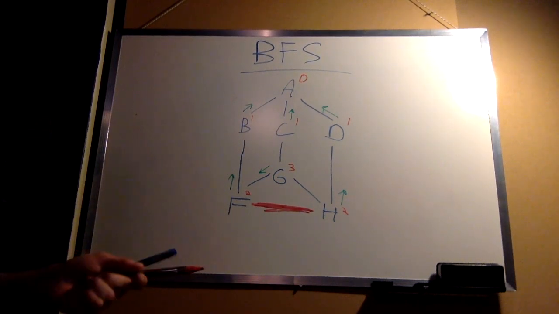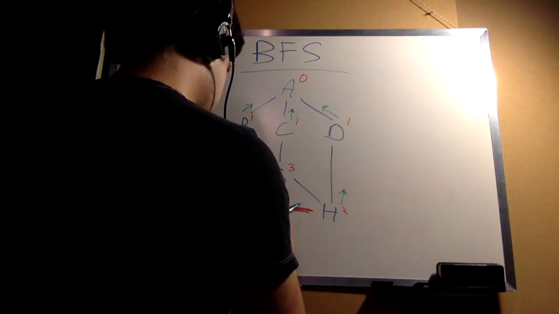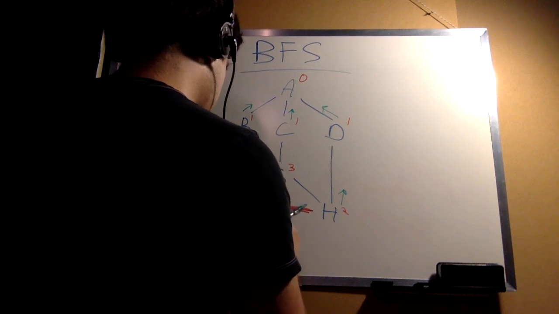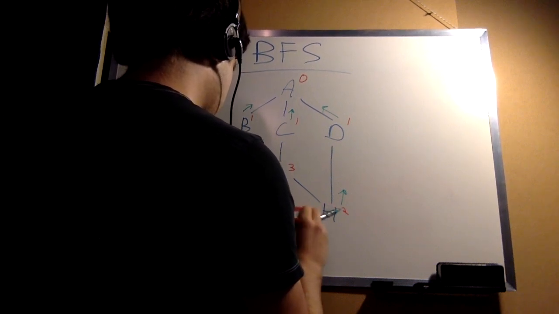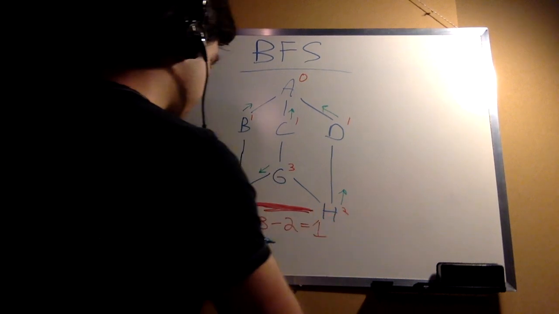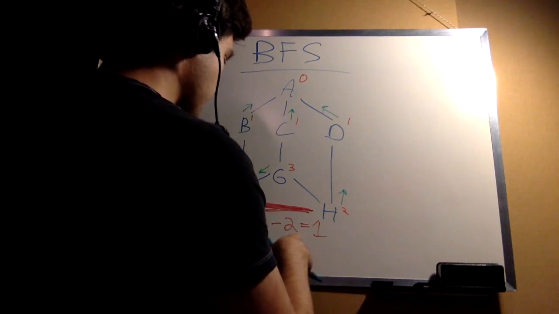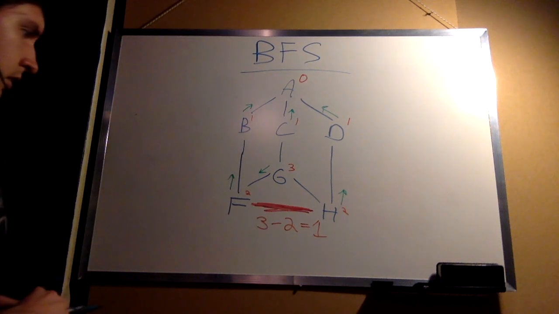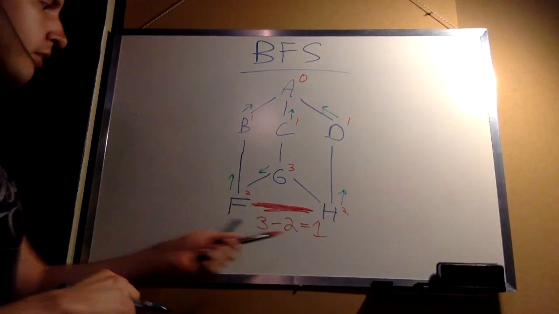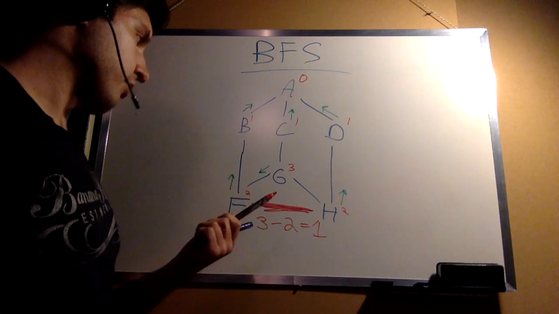Well, the algorithm that we came up with was time 3 minus 2 equals 1. So the time here is 2, the time here is 2, and the difference in time using the formula that we wrote up here is 1. So that means that we do have a cycle according to this, which is good.